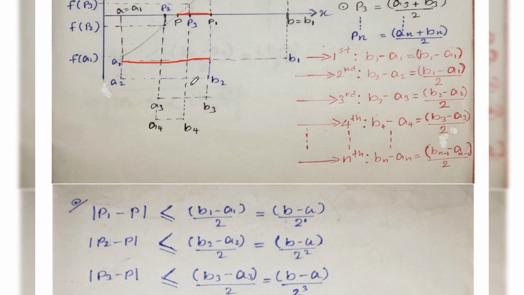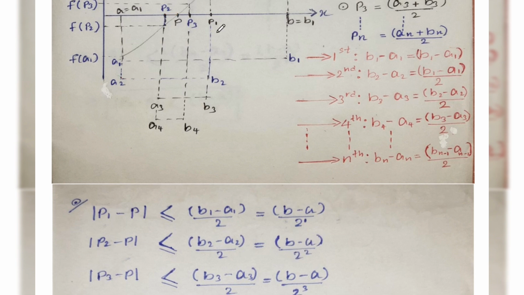Therefore we can write this expression, and since a is equal to a1 and b is equal to b1, this expression can be written as (b - a) over 2 to the power 1. Now for our second midpoint p2, the absolute value of p2 minus p, this distance, is less than or equal to (b2 - a2) over 2. Also I can write b2 minus a2 by using b and a. Therefore I can write (b - a) over 2 to the power 2.